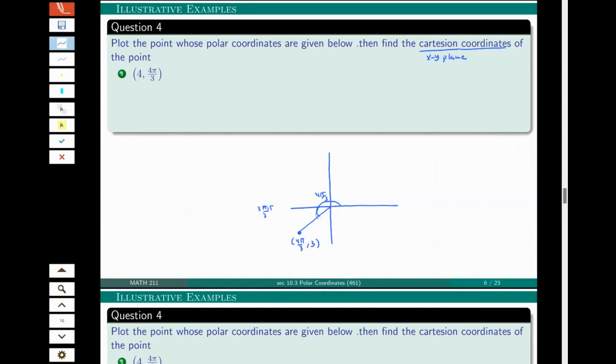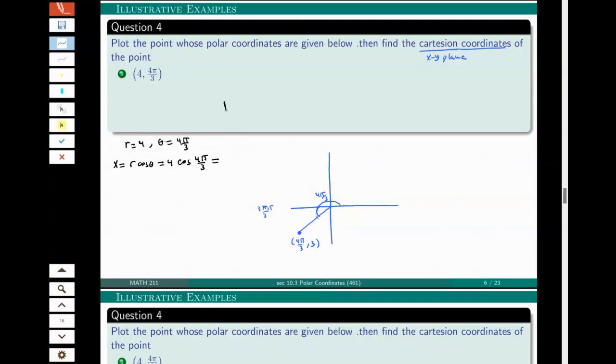If I change it to the Cartesian coordinate system, if r is equal to 4 and theta is equal to 4 pi over 3, our definition for the Cartesian system is x equals r cosine theta, which is 4 cosine 4 pi over 3.